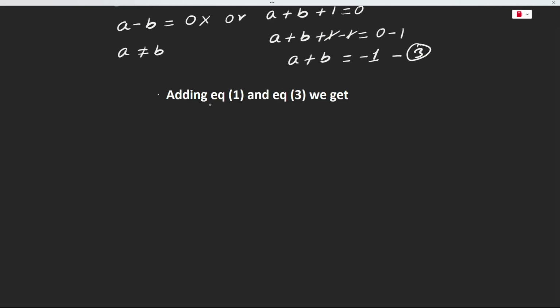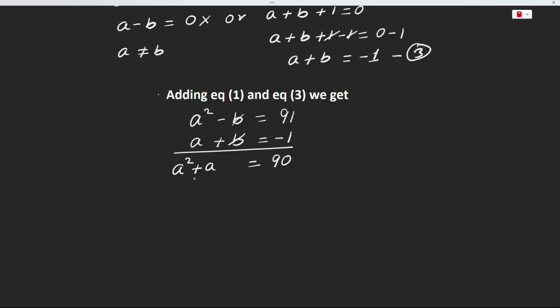Now on adding equation 1 and equation 3, we get: equation 1 is a square minus b equals 91. Equation 3 is a plus b equals minus 1. This equals a square plus a, here minus b and b will cancel, equals 91 minus 1, which is 90.